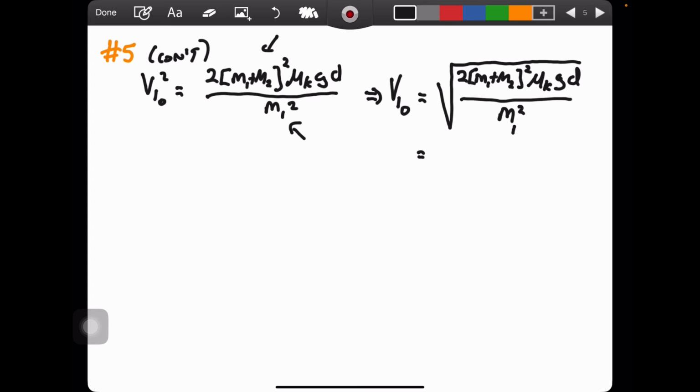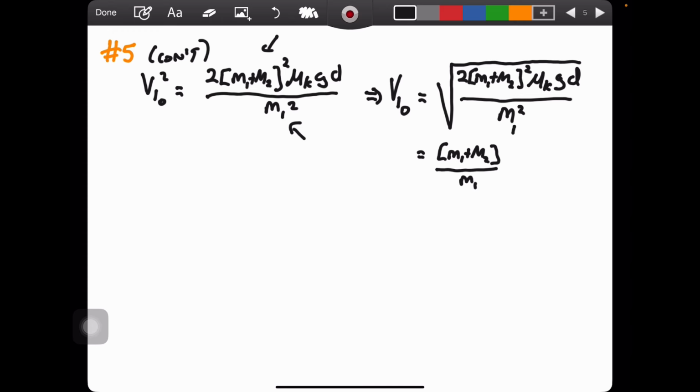I can simplify this more specifically. I have an m1 plus m2 squared underneath the radical, which means I can bring it out. I can say m1 plus m2. I have an m1 squared in the denominator, that's under the radical, and so I can bring that outside the radical as just m1.